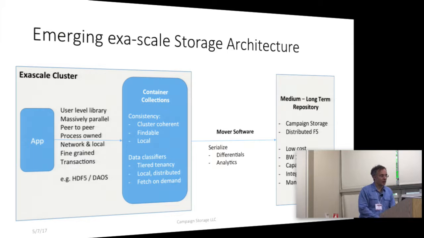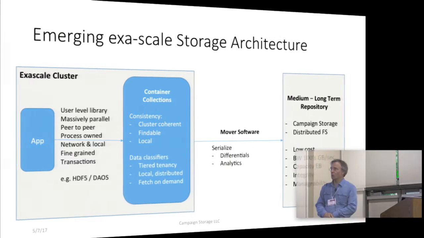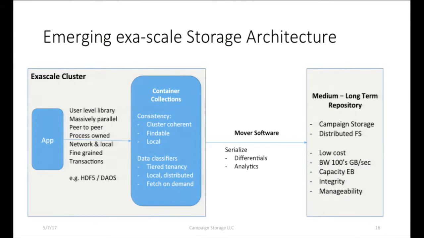So from this, you can see what the emerging exascale storage framework is like. In the cluster, you will see applications doing very fine-grained work with containers of data. There will be a lot of features there that are emerging in maybe parallel file systems, but particularly in the new I/O libraries like DAOS and HDF5.